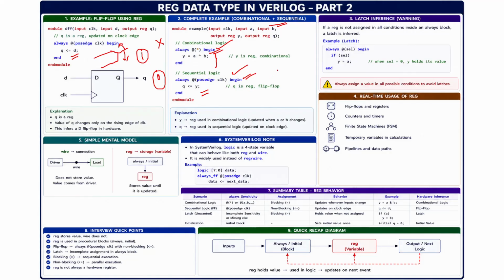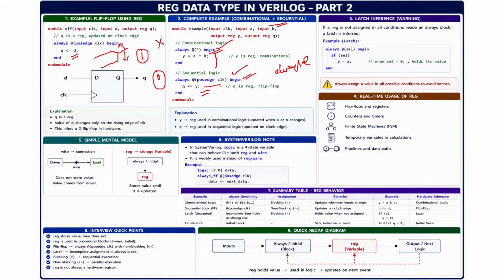And don't use always at the rate posedge clock in two different blocks. Then you will get a conflict, because you are driving from two always blocks, and the simulator doesn't know which one to drive first.